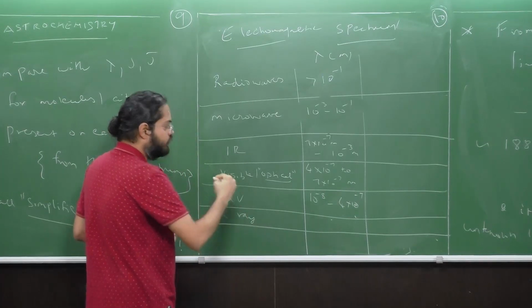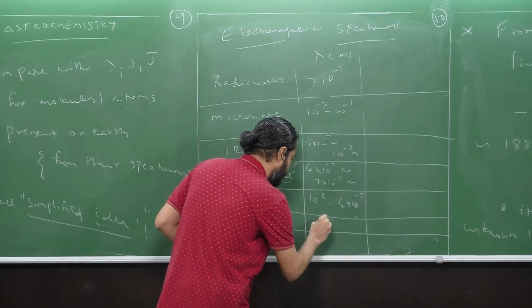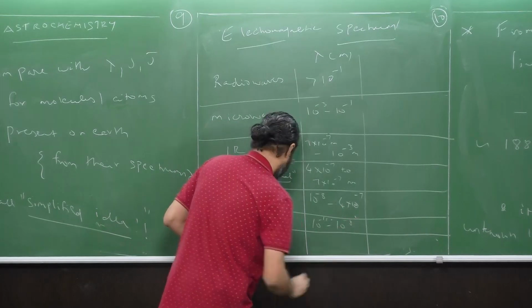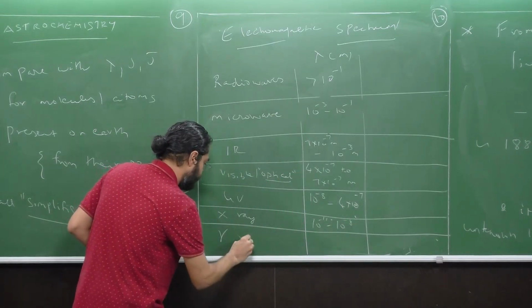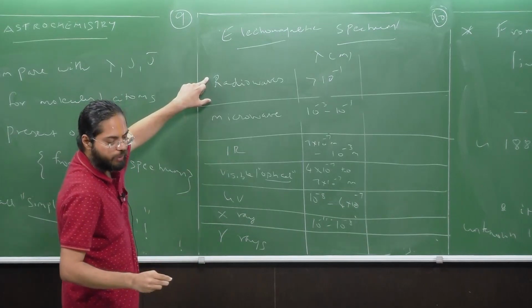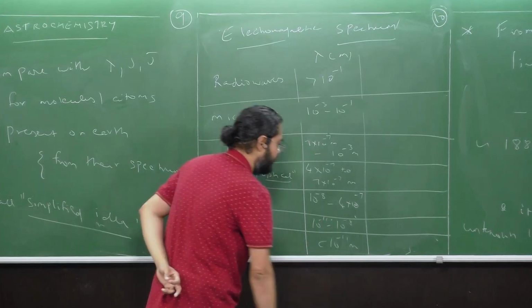These are very high energy waves. The wavelength is going to be of the order of 10 to the power minus 11 to 10 to the power minus 8. And then you have the gamma rays, which are extremely powerful vis-a-vis the radio waves, and they have a wavelength of less than 10 to the power minus 11 meters.